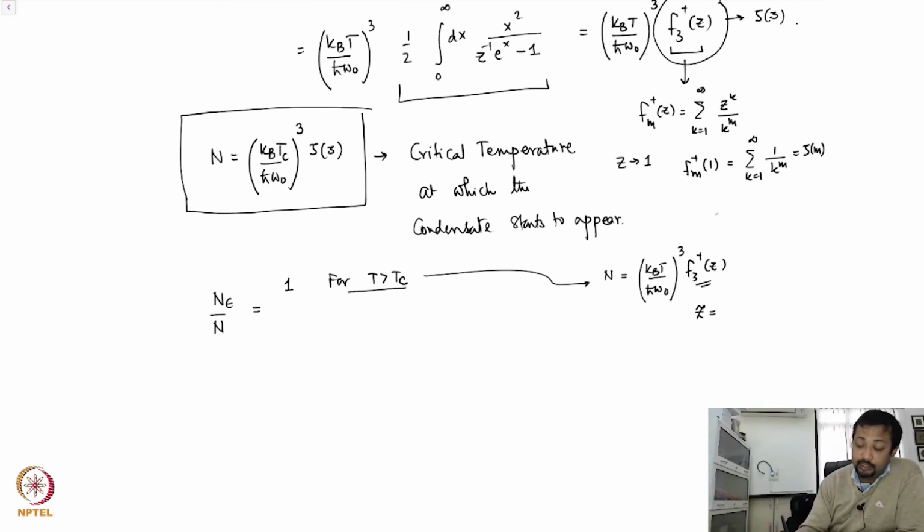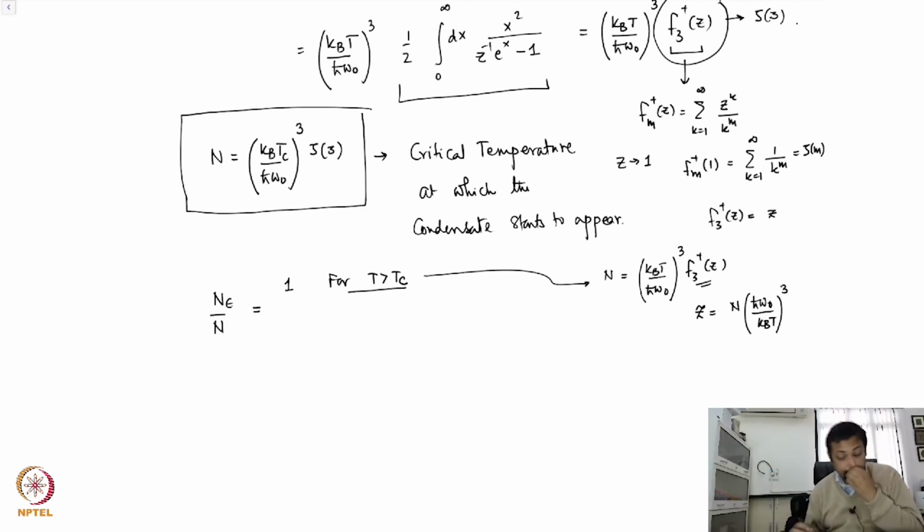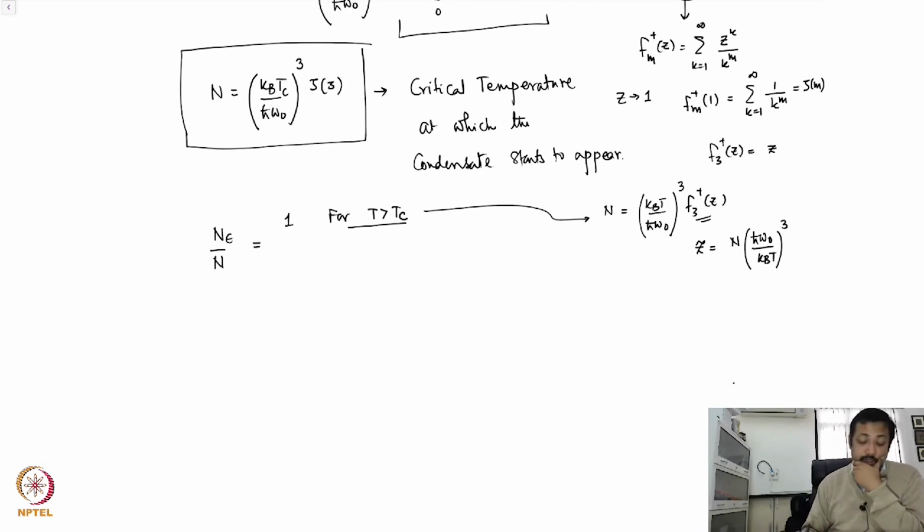I know that F3 of Z is going to be Z to the lowest order, so that Z is going to be N times (h bar omega naught over kBT) whole cube. This is to the lowest order.